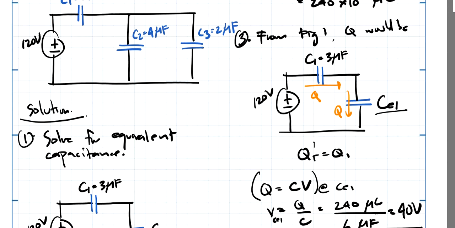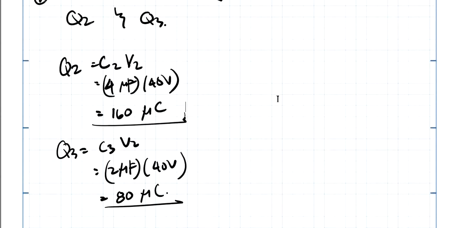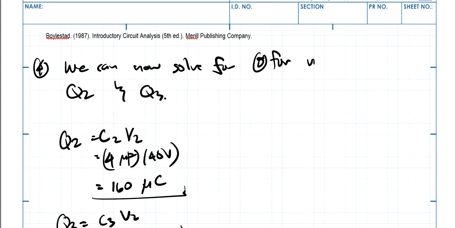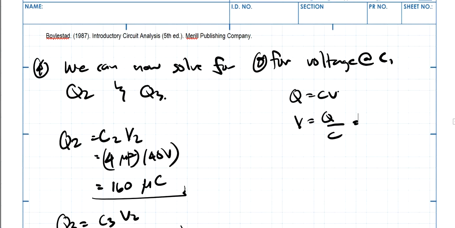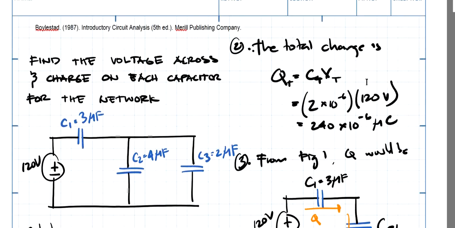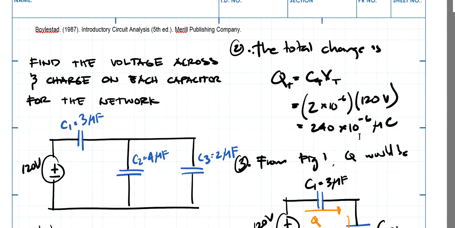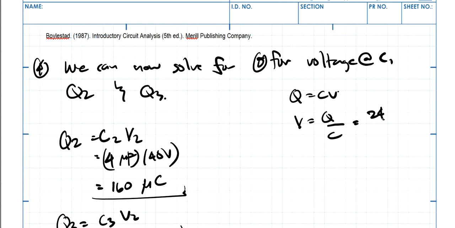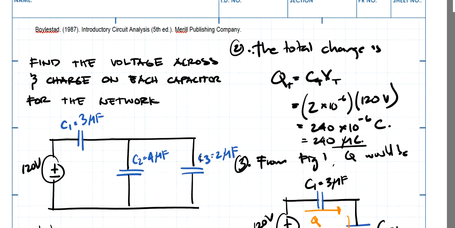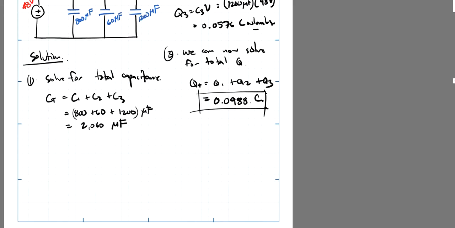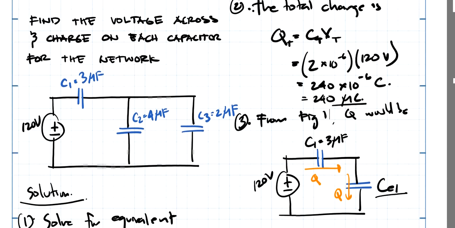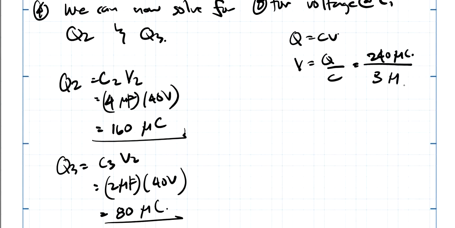Because Q1 is equal to the total Q, for the voltage at C1, Q is equal to CV, so voltage is equal to Q over C. Our total charge is 240, sorry, this should be coulombs because we have times 10 to the negative 6, so 240 microcoulombs, divided by the capacitance of 3 microfarads.